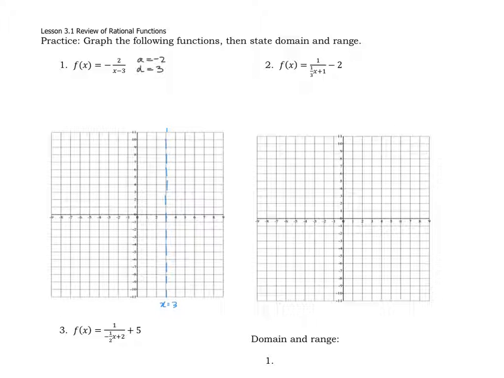Our horizontal asymptote does not move because we don't have any vertical translations, so it stays at y equals 0.